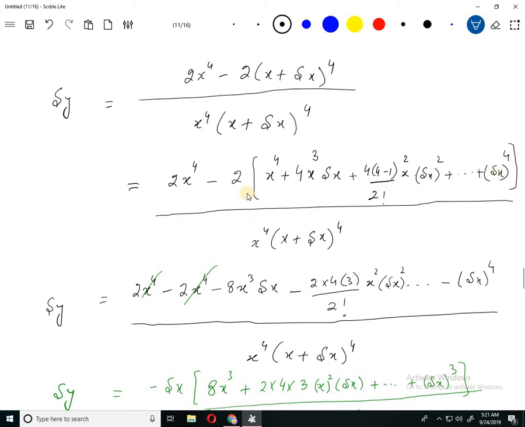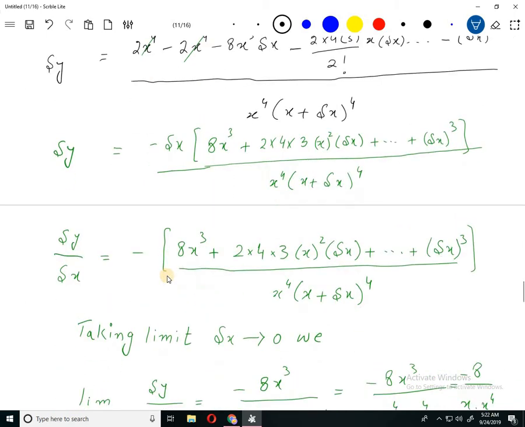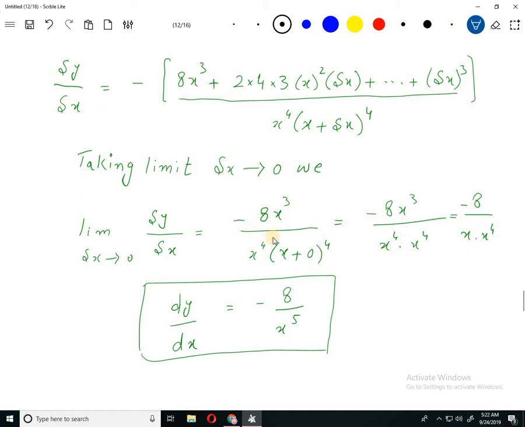Now after multiplying the terms by 2 and simplifying, these two terms cancel out, and from the remaining terms I can take negative delta x as a common factor, and then after dividing by delta x on both sides and taking limit as delta x approaches 0, all these terms involving delta x will become 0, and in the numerator I'll get only 8x cube, and in the denominator x power 4 and x power 4.